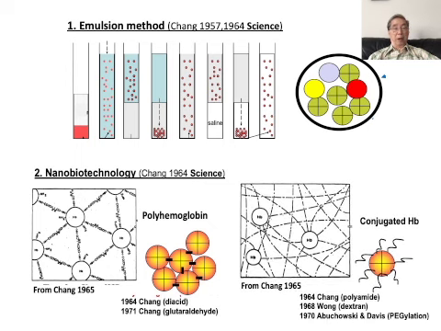Another way is by conjugation, whereby hemoglobin is attached to polymer in the form of polyamine or dextran, or most importantly is polyethylene glycol, PEG.